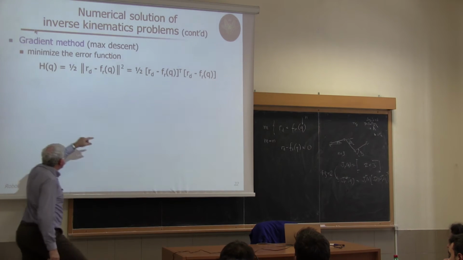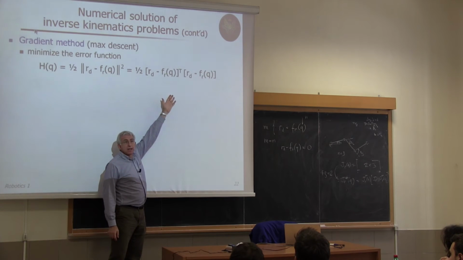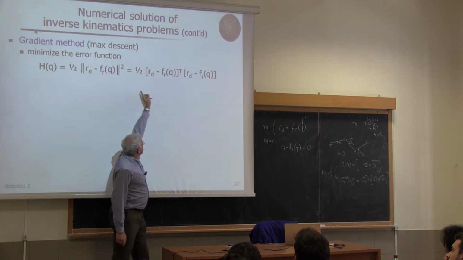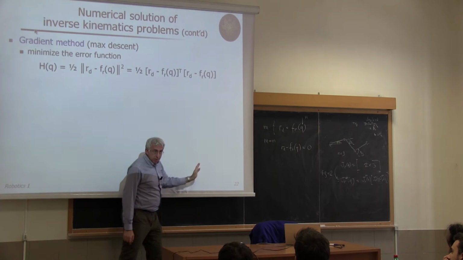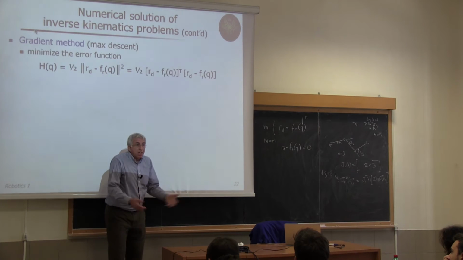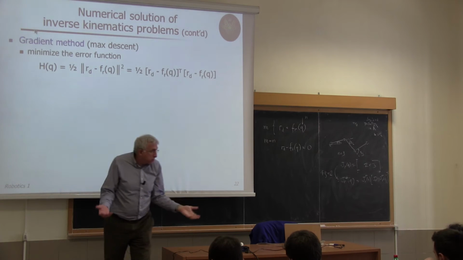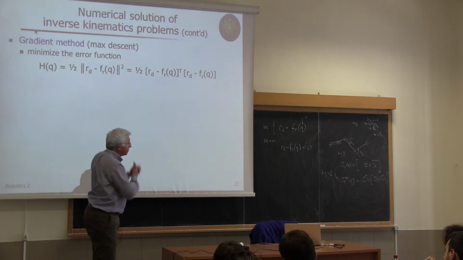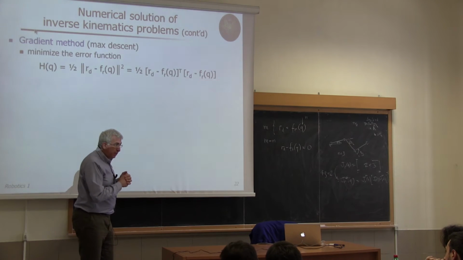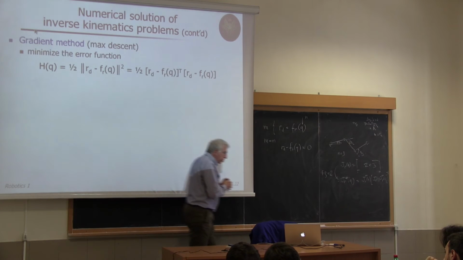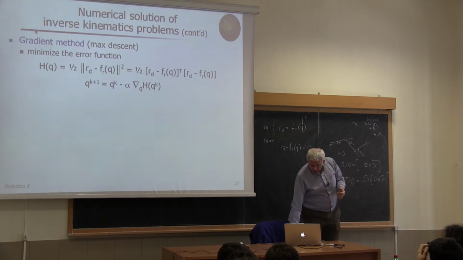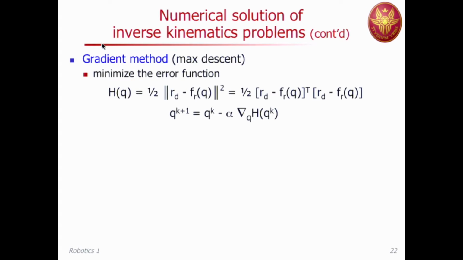Remember that the square of the norm, you can rewrite it like this. So a row vector times a column vector. So it's the sum of the square of the component of the vector, and the vector is Rd minus f of q. Okay? So this is the function, and the gradient method for minimizing a function, pay attention, is the same thing.